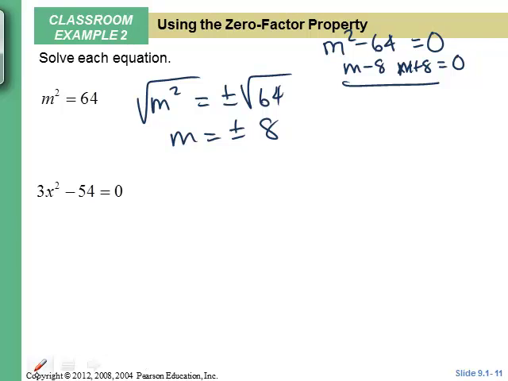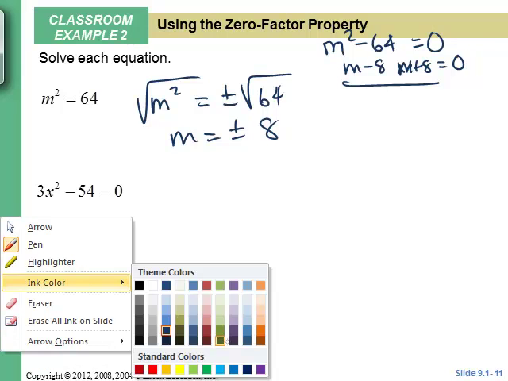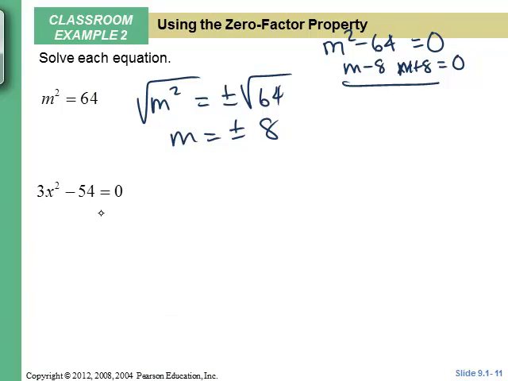For the second one, it would make sense if we would get the 3x squared on one side and the 54 on the other side, divide both sides by 3, and we get x squared equals, what is that? 3 goes into 54, 18 times. x squared equals 18.